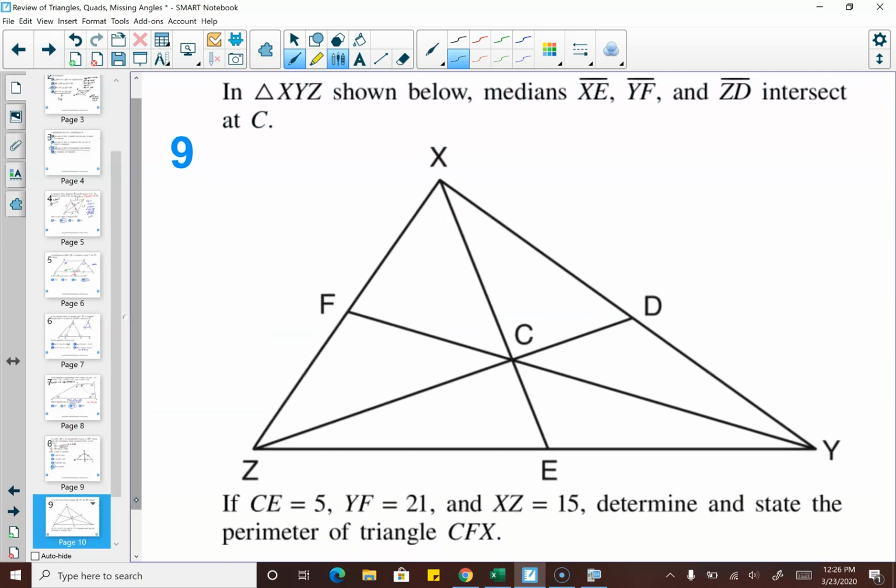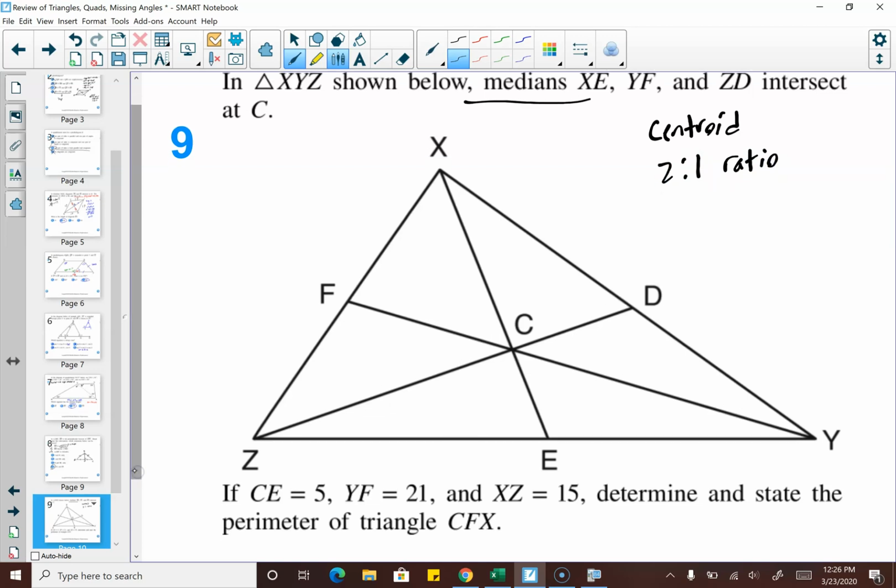In triangle XYZ shown below, we have medians. Now, when you have three medians connect, that's the centroid, and we should remember our 2-to-1 ratio, which says that the part coming out of the angle, XC, is twice the length of the part coming out of the side, CE.